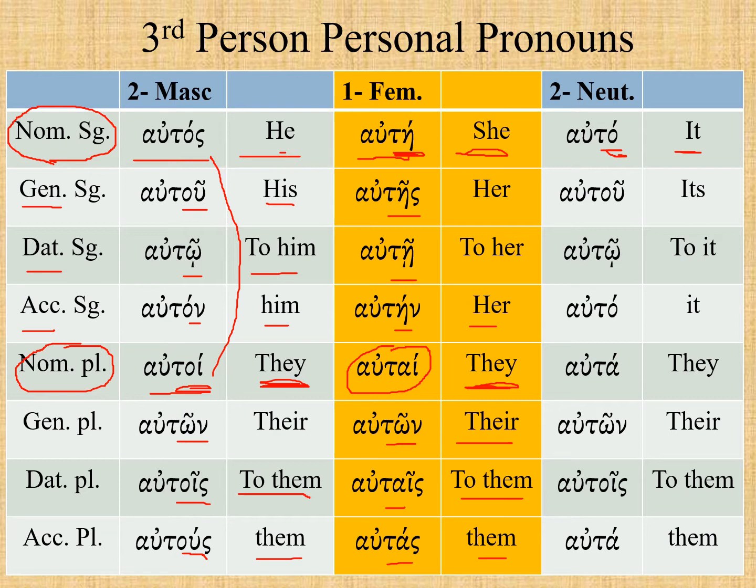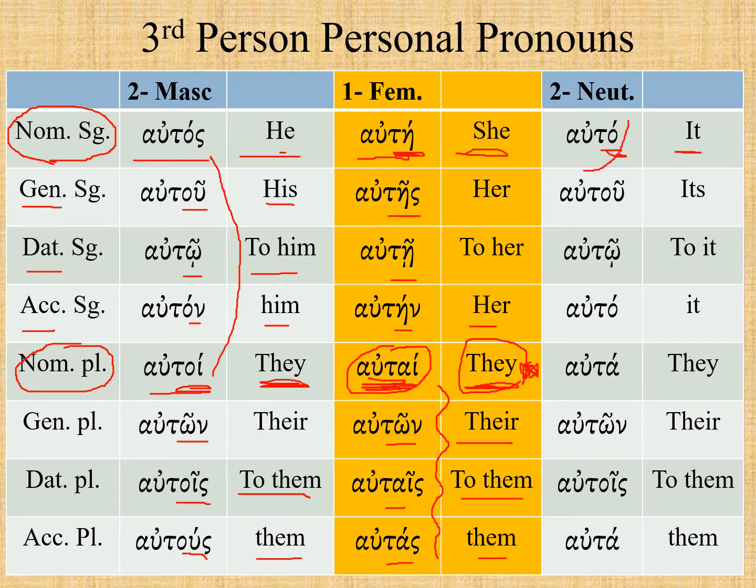Obviously in English we don't know whether they includes men or women, but in Greek autai would indicate that the plurality contains only women, and the same applies to all the feminine forms of the word.